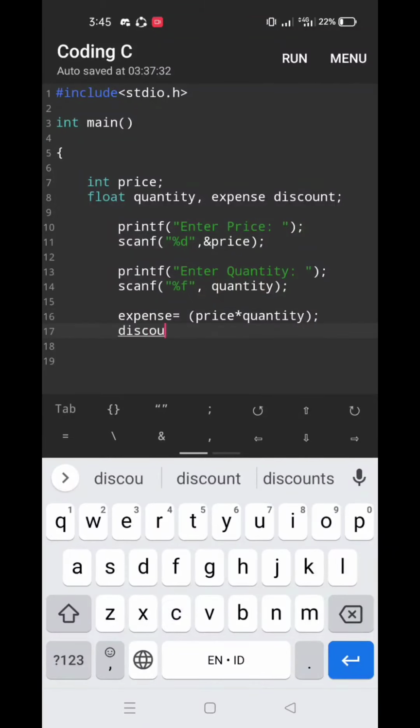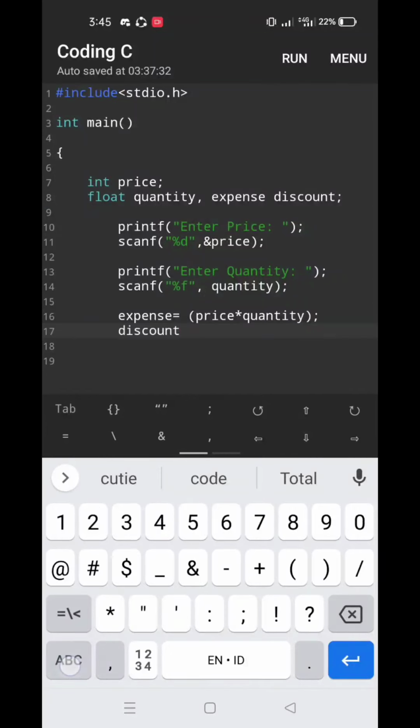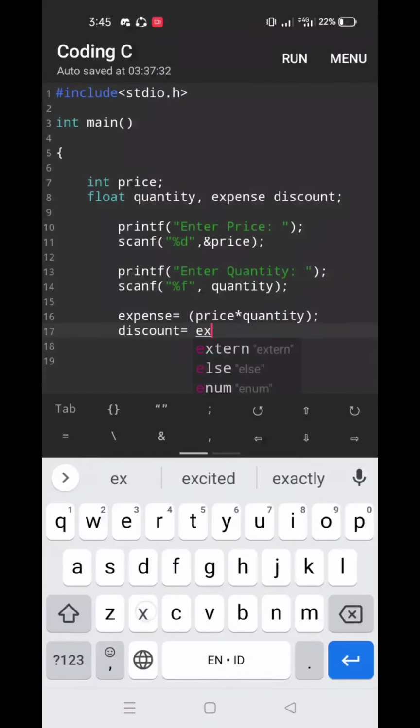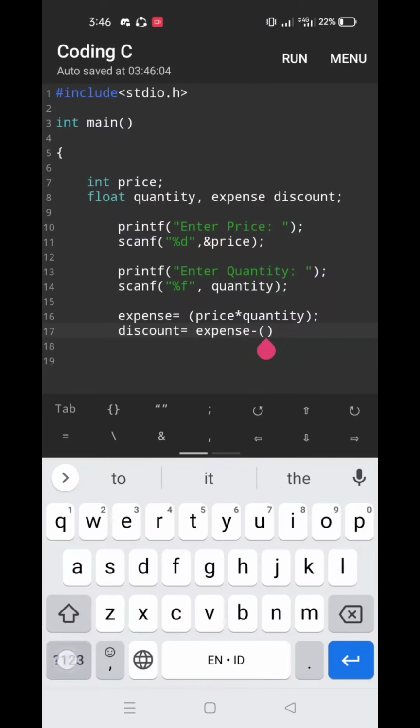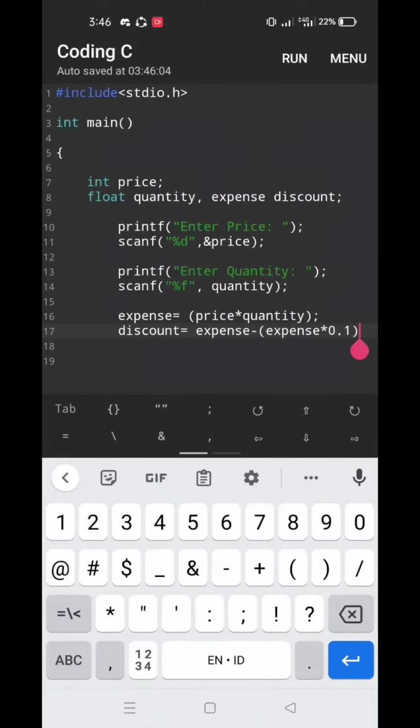Then the discount, of course. So discount is equal to expense, the price times quantity, times 0.1 or 10%.